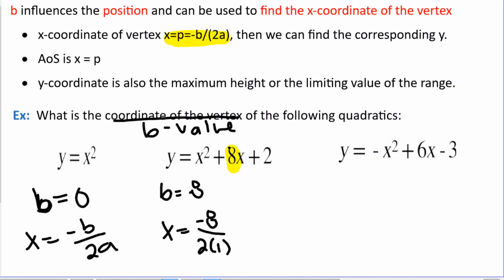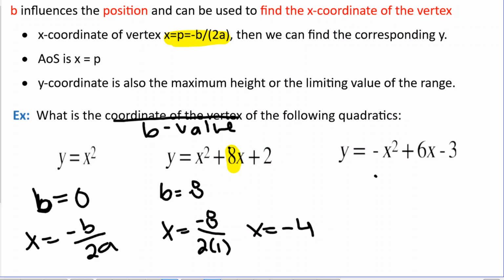In this case, a has a value of 1. Notice b doesn't tell us anything on its own. We have to be using some other parts, whereas a and c just straight up told us information. So I do negative 8 divided by 2. This is telling me that my x value is negative 4. This can also help me find my axis of symmetry, because that's always going to cut right through the vertex, right through the middle of my parabola.